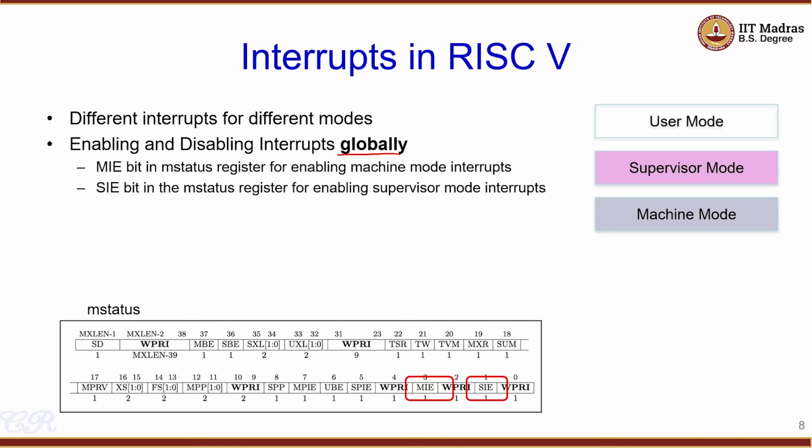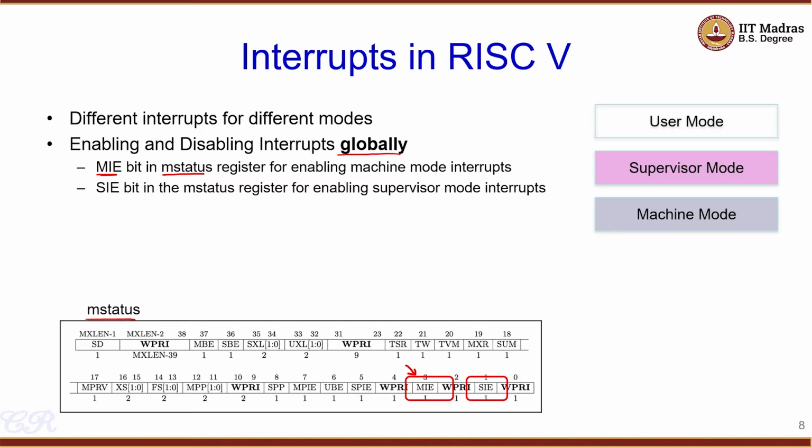Now we have registers known as the status registers for each mode. For example, we have the mstatus register for enabling or disabling machine mode interrupts. In the mstatus register, there is a bit called MIE, and if this bit is set to 1, we can enable interrupts in machine mode.